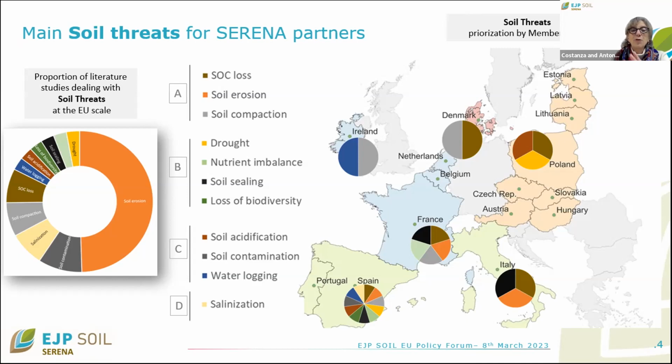In Italy, the three most sensitive threats have been assessed as sealing, carbon loss, and soil erosion. France also has nutrient imbalance, and so on. So there is a differentiation in areas, a differentiation in the countries.